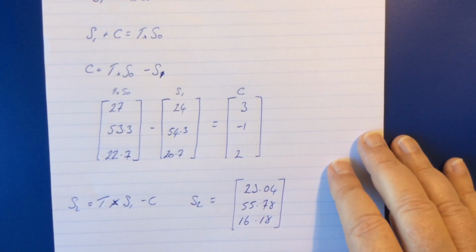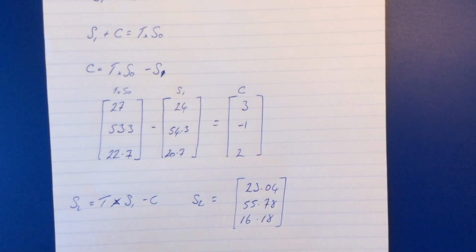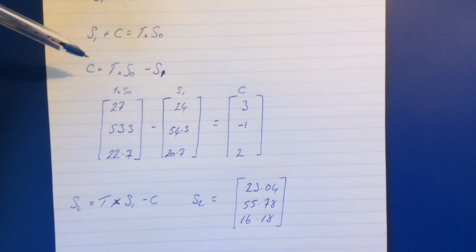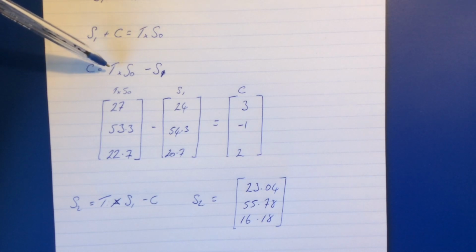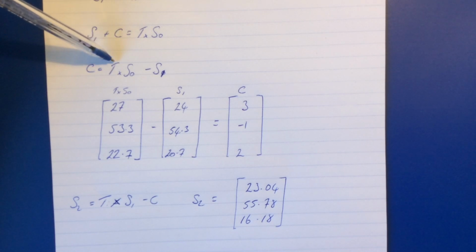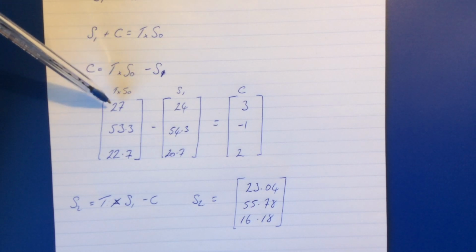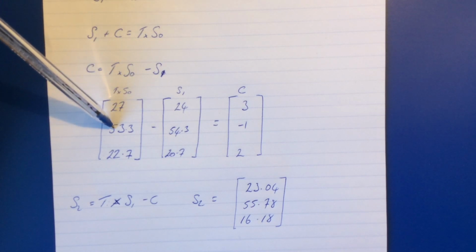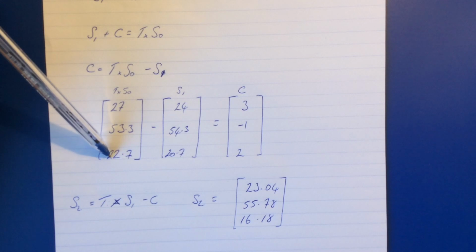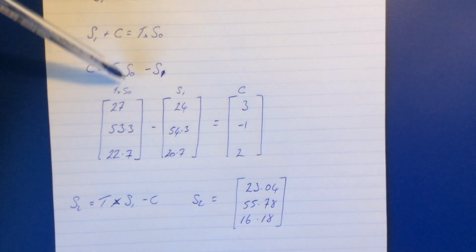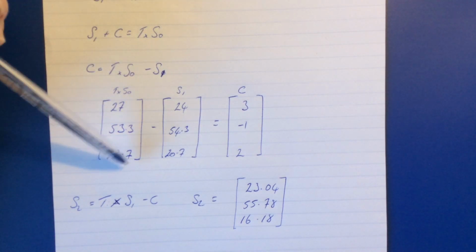And you're going to have to trust me for this. I did put this into a calculator to do. You're welcome to try it yourself. Now, T times S0 is equal to this: 27, 53.3, and 22.7. That's important.